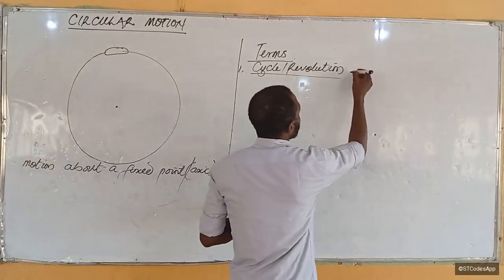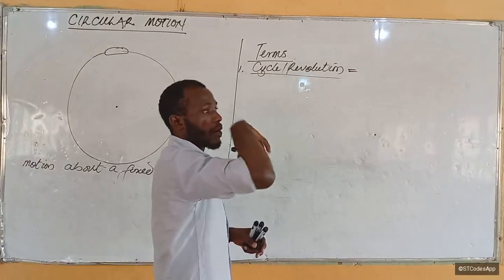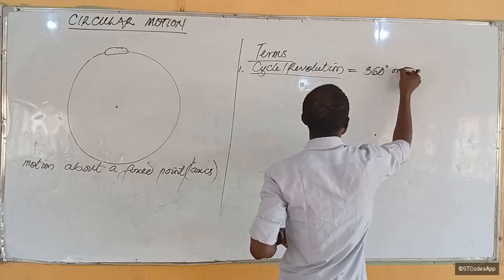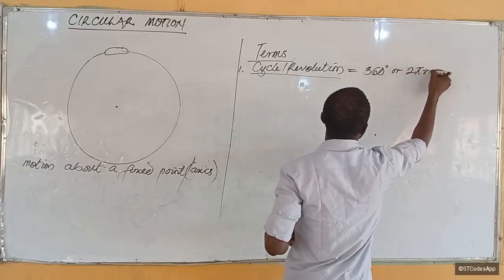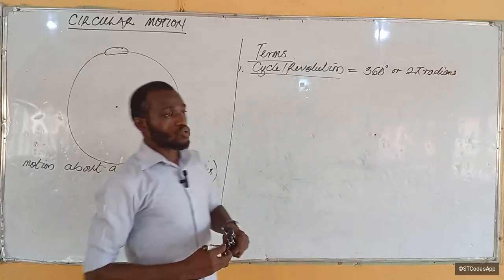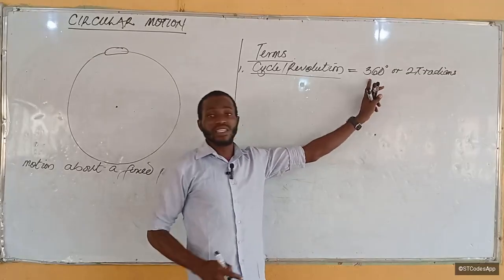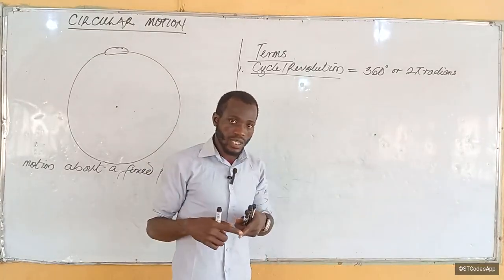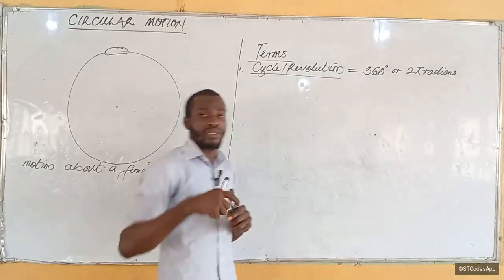A complete revolution is a cycle, a complete 360 degrees or 2 pi radians. You have to understand this: 2 pi radians or 360 degrees is what we have in a circle. So that is what a cycle is.